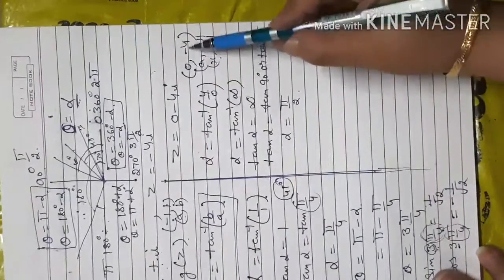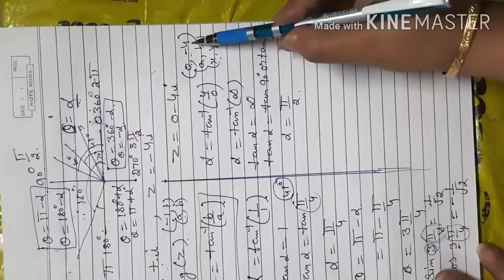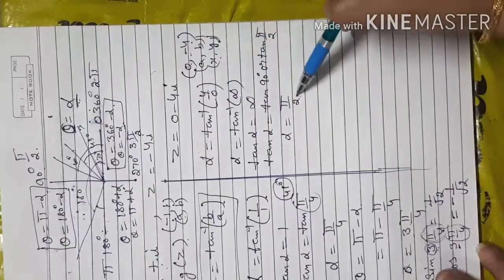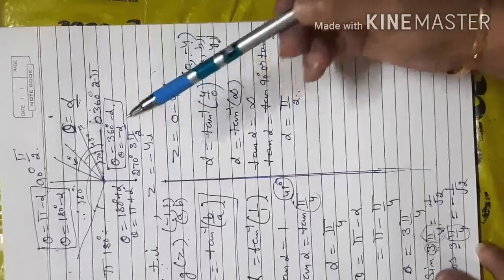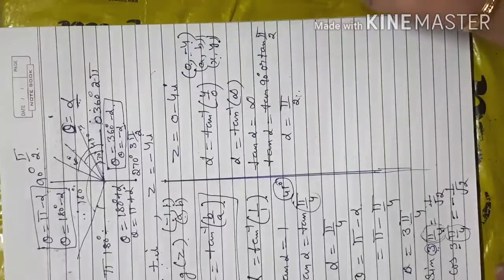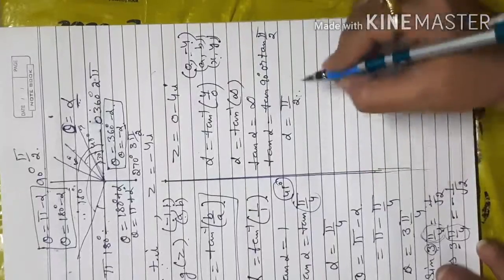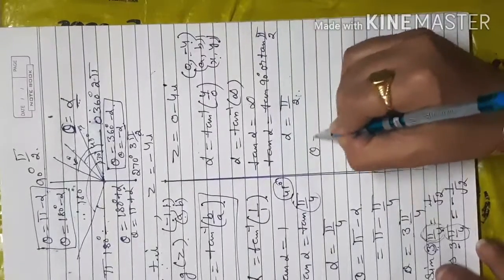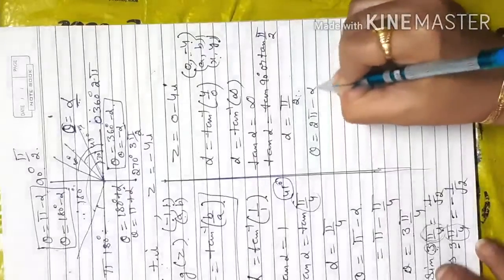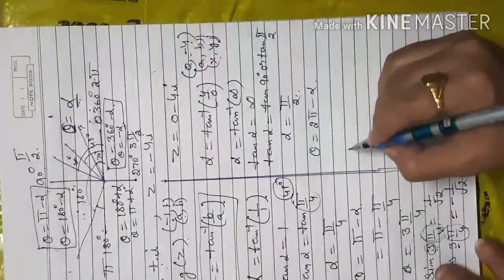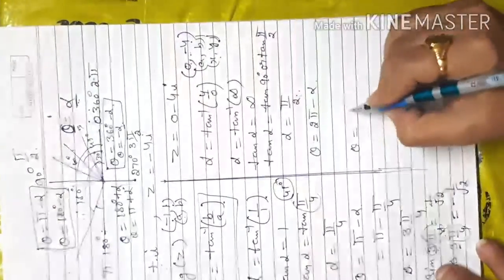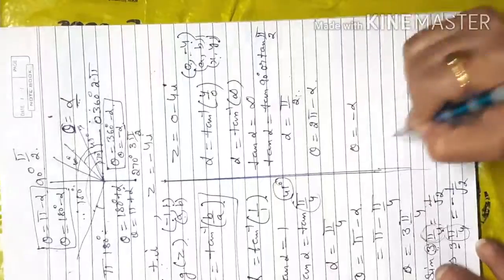By looking at the coordinates, we have to find what this basic angle will be if it lies in the fourth quadrant. My fourth quadrant rule is either I can go with 2 pi minus alpha, like 360 degree minus alpha, or I can write directly theta is equal to minus alpha.